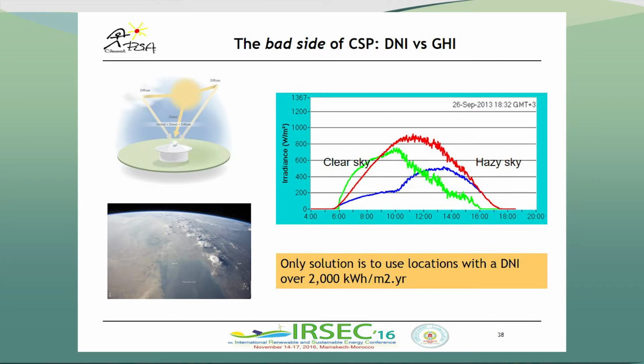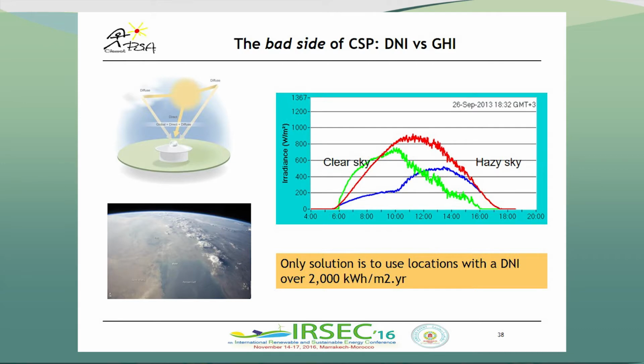As I told you, we use only the direct radiation, okay? The picture there is showing the direct, the global, and the diffuse. If you have a clear sky, the direct, the green line, you see, is the highest. But if you go to one of these countries, maybe you have a day like the one shown in the satellite picture, where you have a hazy sky.